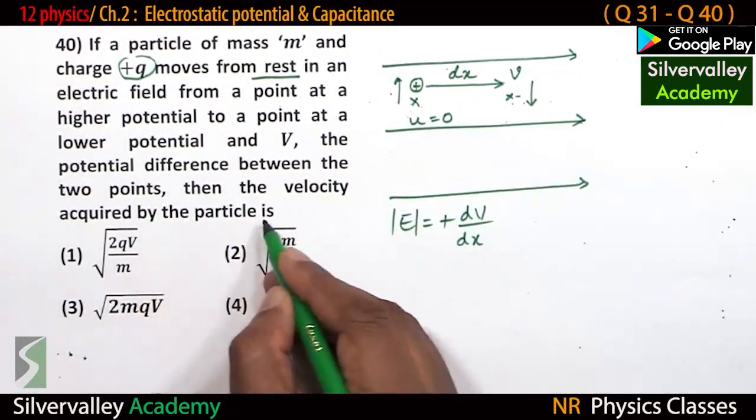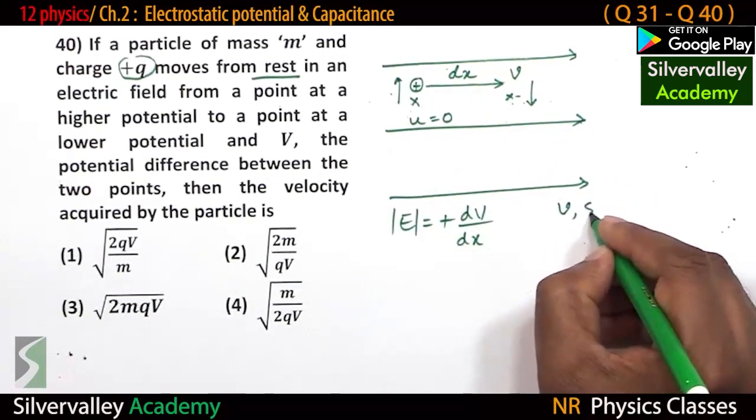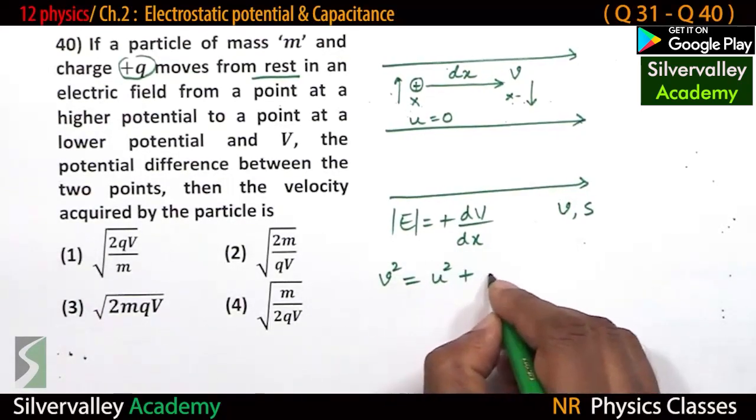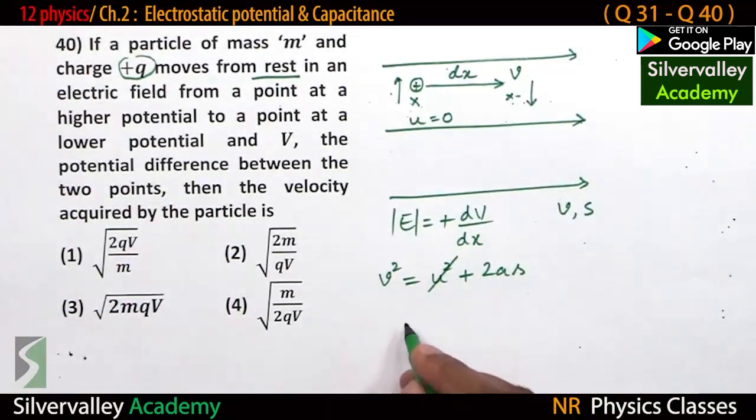Then velocity in terms of displacement means v square equals u square plus 2as. Initial velocity is 0.